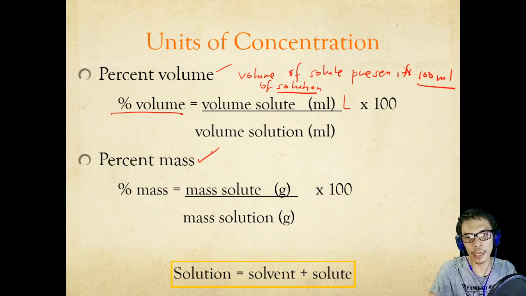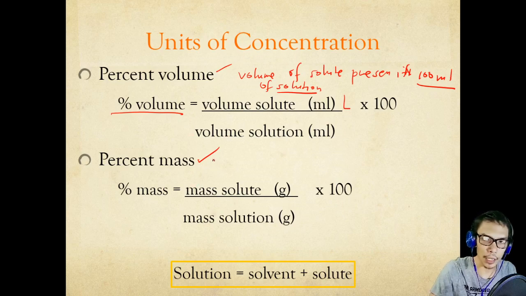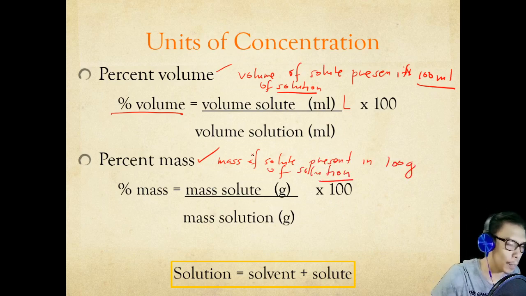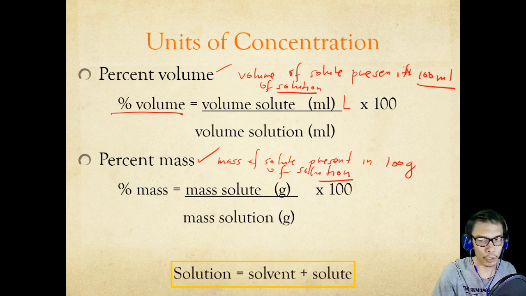The next one is the percent by mass. This is the mass of solute present in 100 grams of solution. Suppose you have 100 grams of solution. The question is how many grams of solute is present in that 100 grams of solution.